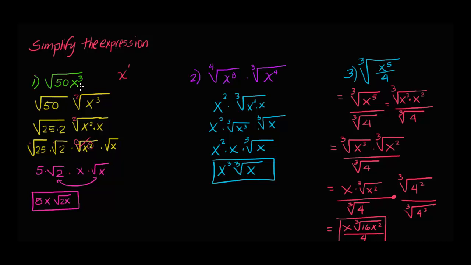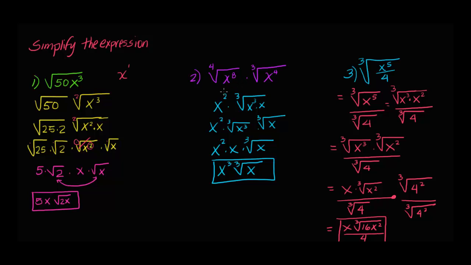The same way I separated them into different houses, I can join them together again underneath the same roof. Anytime you have square roots, you group them together and you write them underneath the same roof. So now I have the square root of 2x right there. And then 5 times x, 5x, and this would be your final answer.